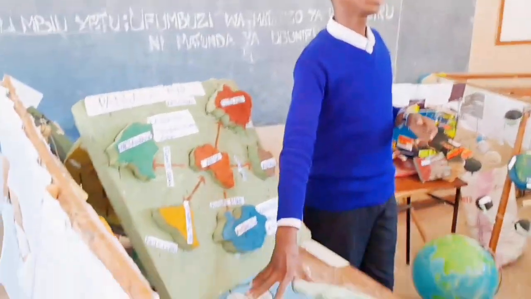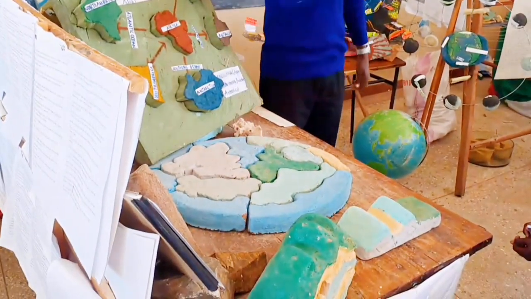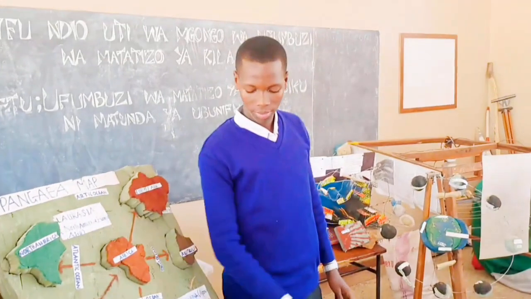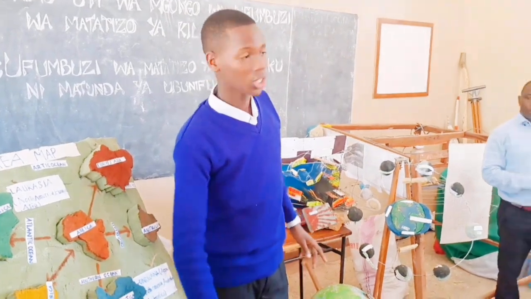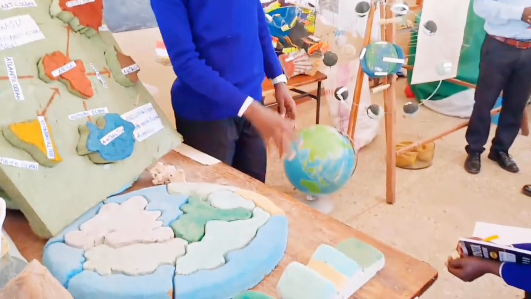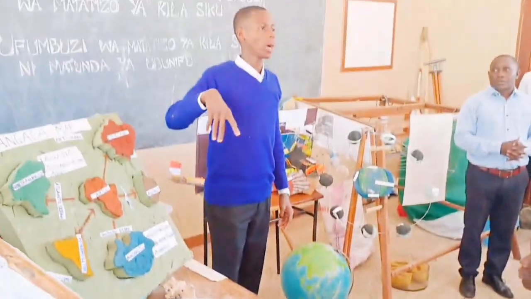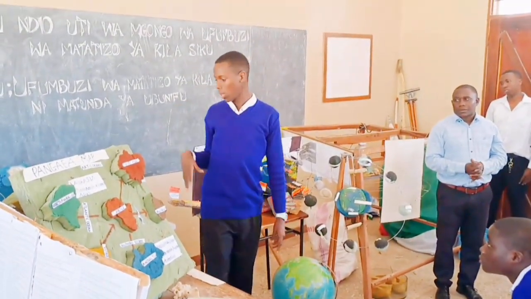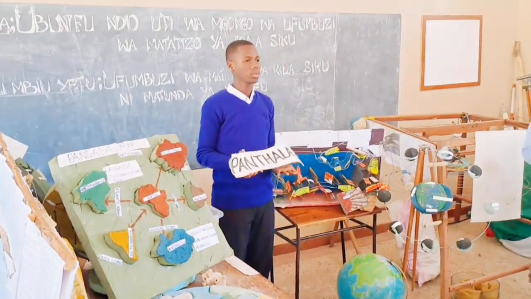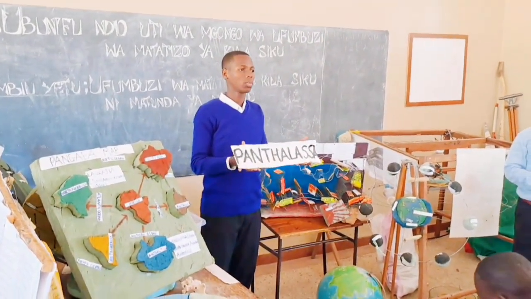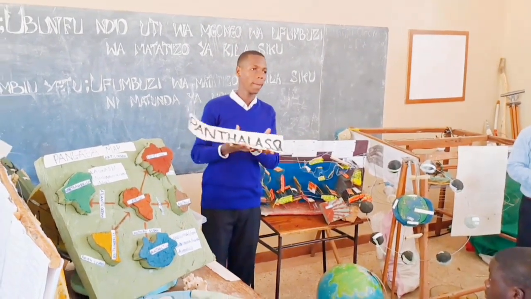This was one of the biggest masses, proposed by Wegener. It was one big mass surrounded by a huge body of water called Panthalassa, as we have seen before.